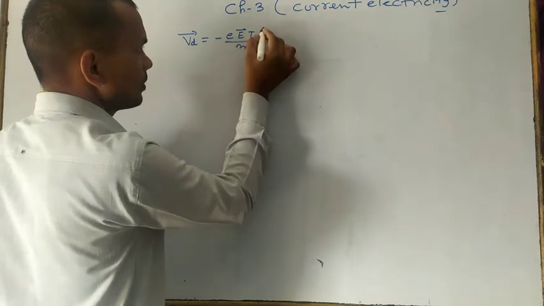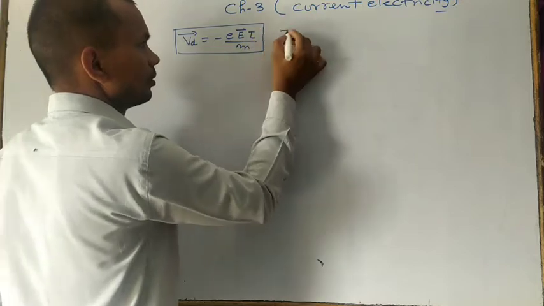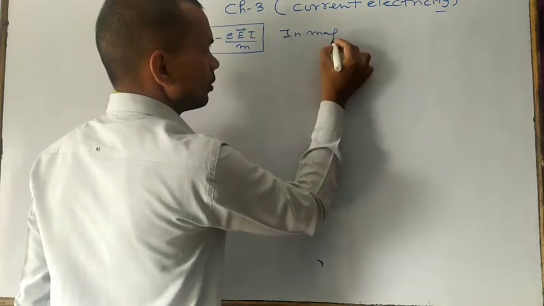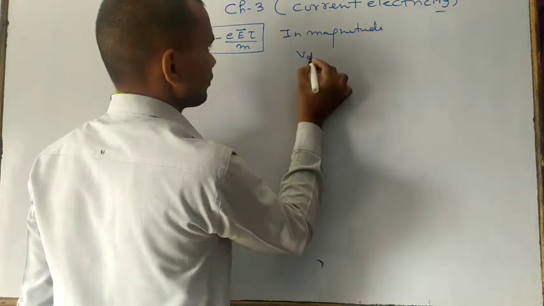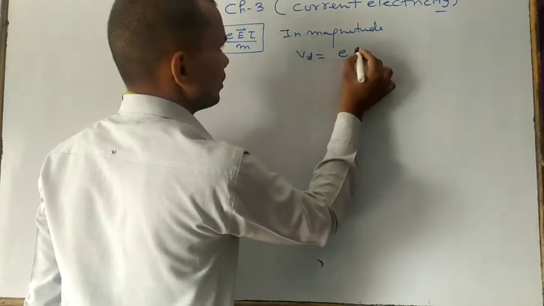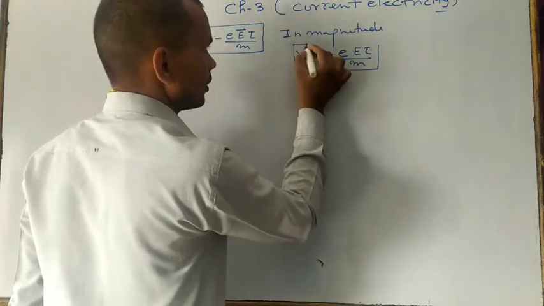This is the relationship between relaxation time and drift velocity. In magnitude, Vd is equal to E tau by m. This we derived.